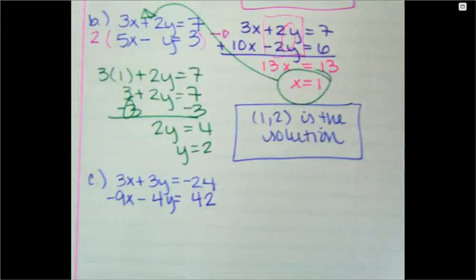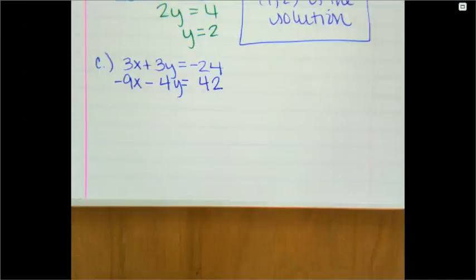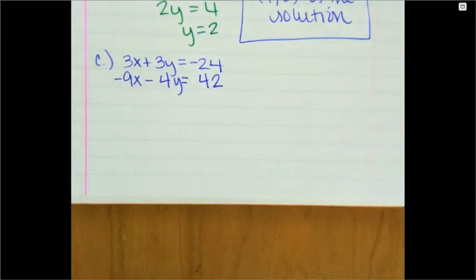Okay, so this problem says 3x plus 3y equals negative 24, and the bottom says negative 9x minus 4y equals 46. What were you multiplying by?